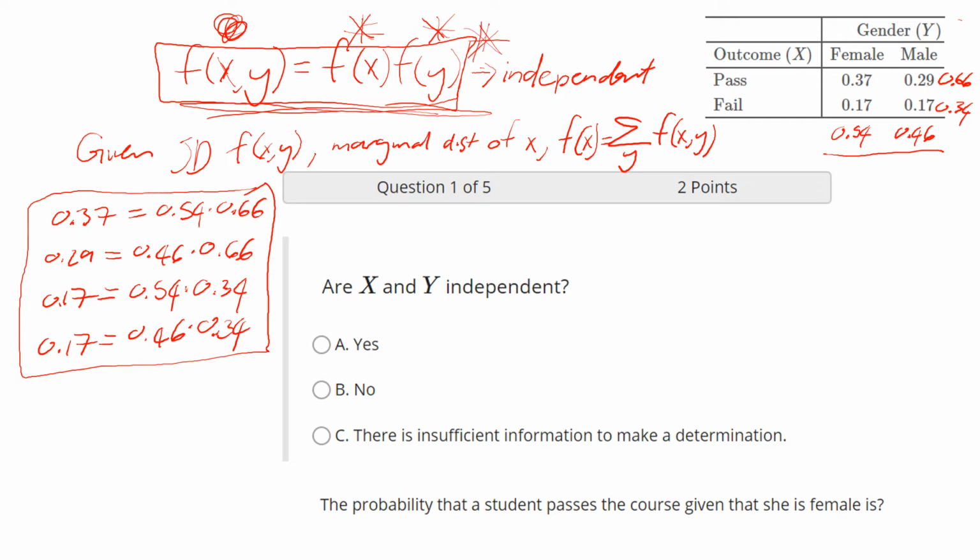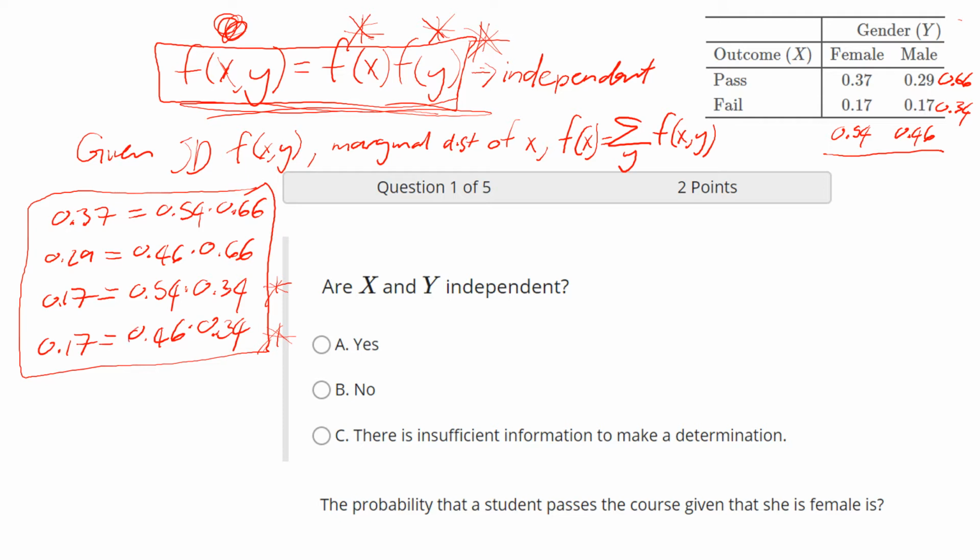Okay, let's find out if it's true. Well, all we have to do is take these products and then see whether these equalities in fact make sense. But we don't even need to do that, because if we just look at these last two equalities over here, both of these things can't be true. It can't be true that 0.17 equals 0.54 times 0.34 and 0.17 equals 0.46 times 0.34.